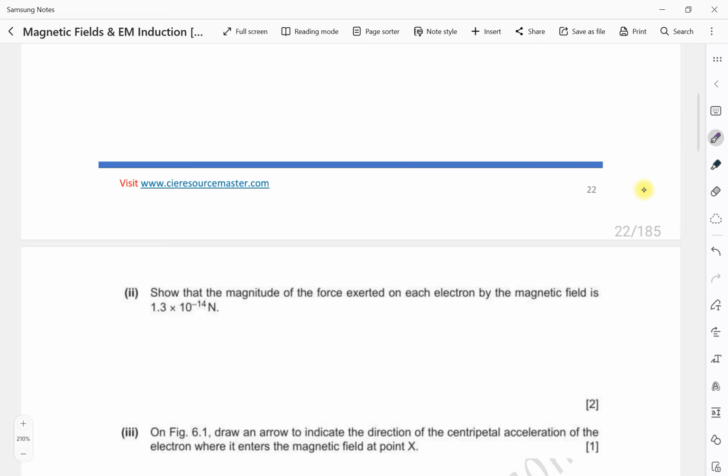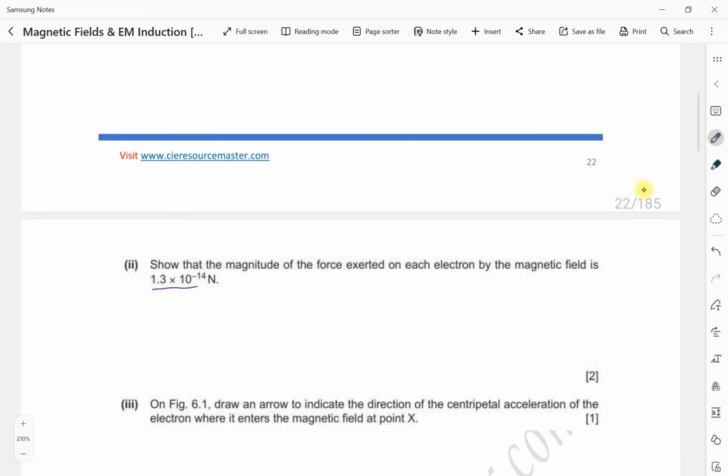Show that the magnitude of the force exerted on each electron by the magnetic field is given by 1.4 times 10 to the power of minus 14 newtons. So we know that force on a charged particle is given by BQV in the magnetic field.